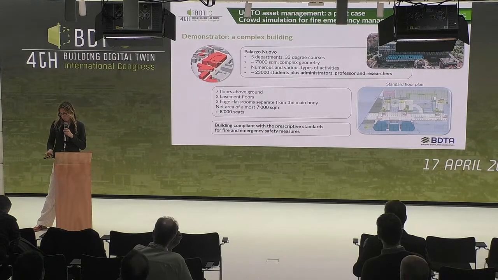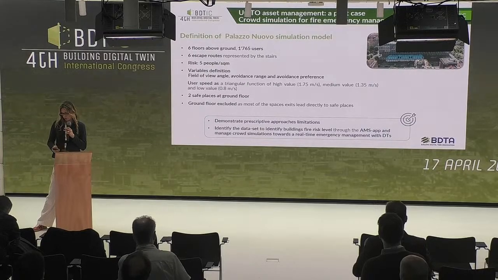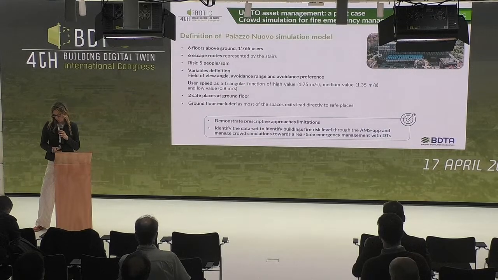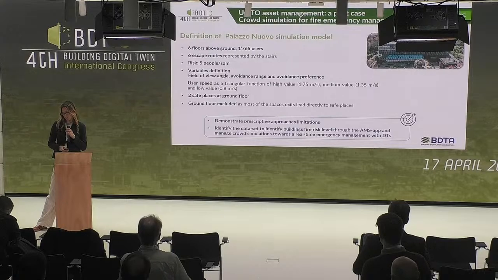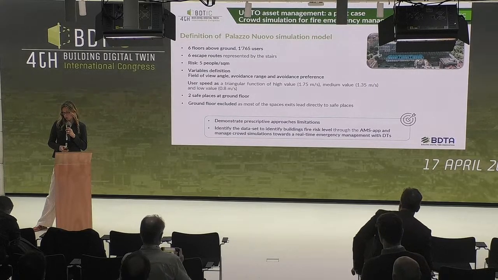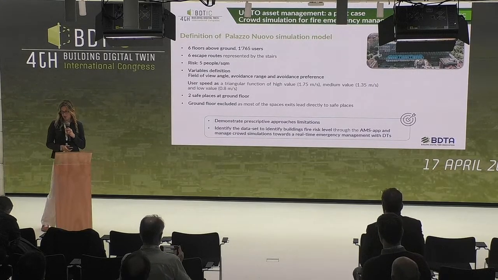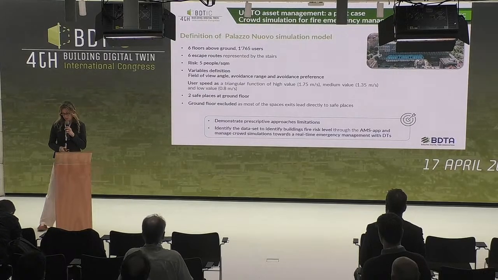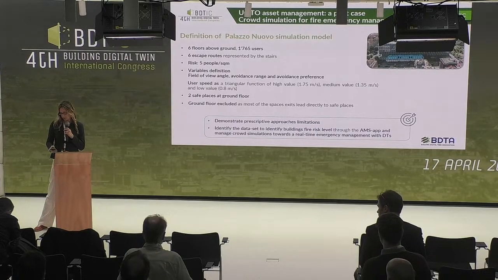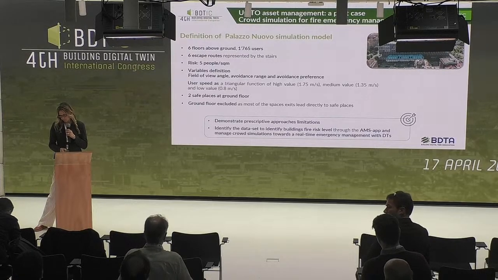So we performed 2 different levels of simulation. Here you can see the parameters about the risk. We have the density, 5 people per square meter. And we created this agent for the user speed with the probabilistic distribution of their movement.